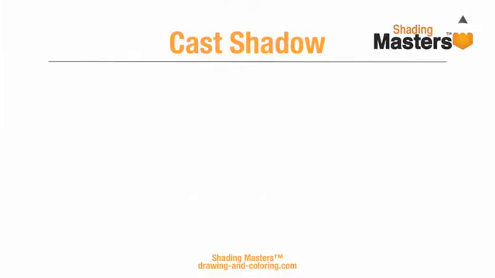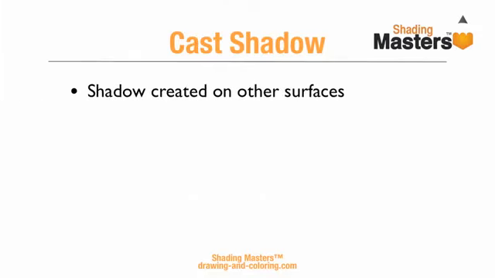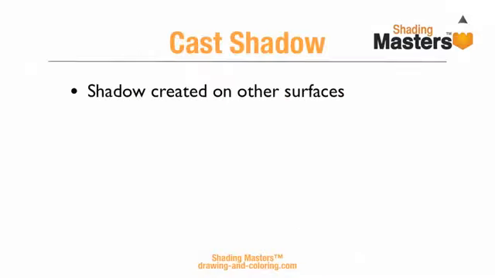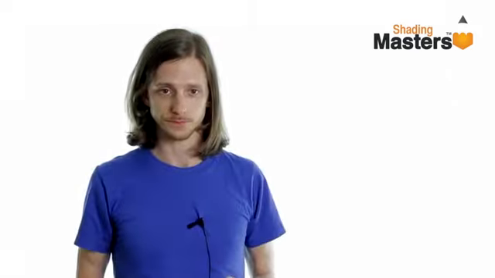So you probably already know that when light hits an object, it throws a shadow onto a surface behind it, wherever that light path is. Wherever it's in that direct line, you're going to have that shadow on the other side. That's exactly what the cast shadow is. It's the shadow that's created on another surface in the shape of the object that's being lit.